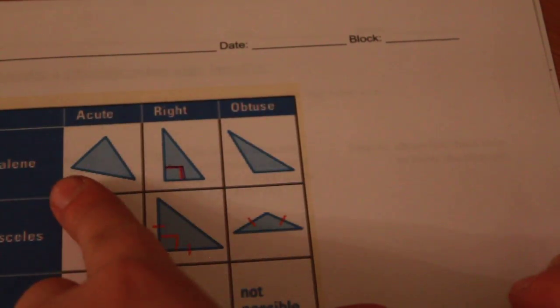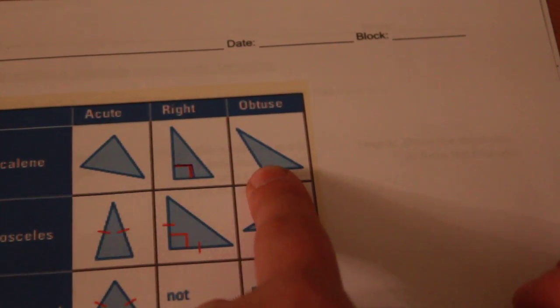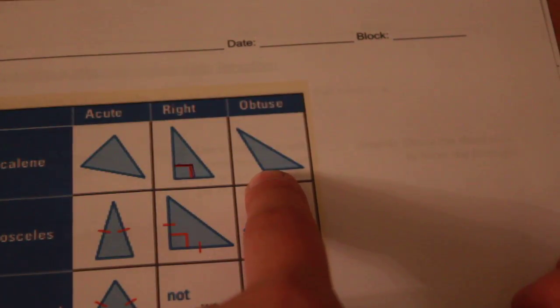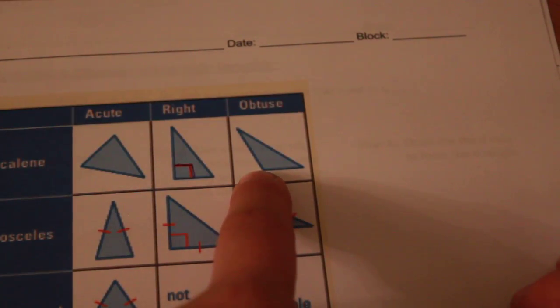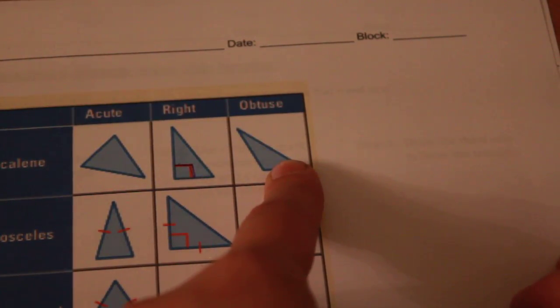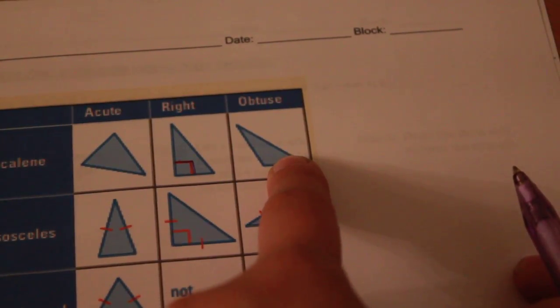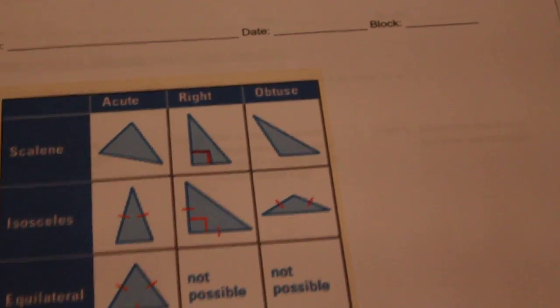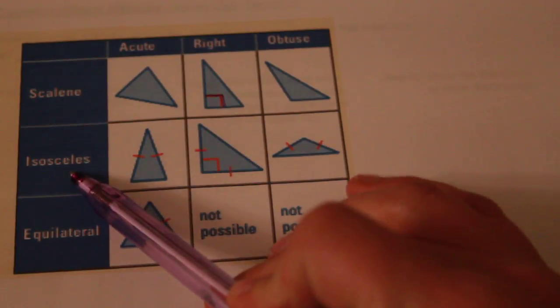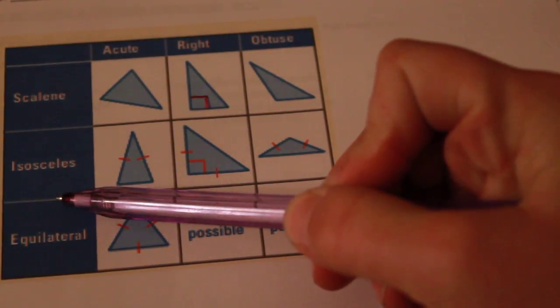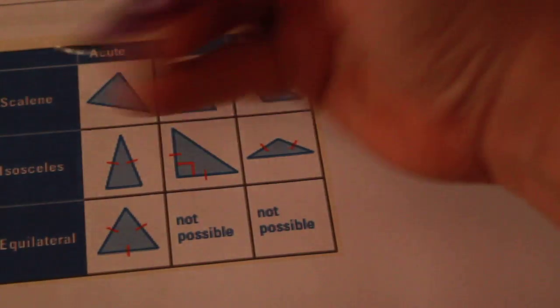An obtuse scalene triangle has an obtuse angle right here, and no sides that are the same length. No congruent sides. An acute isosceles triangle has two sides that are the same length.